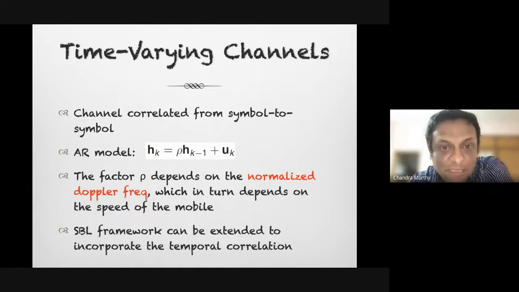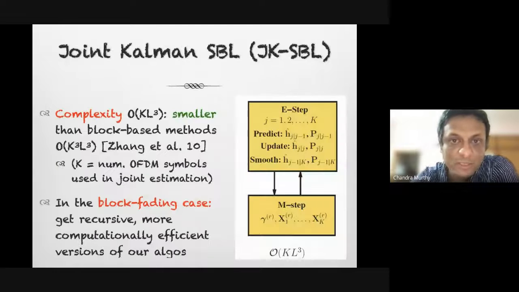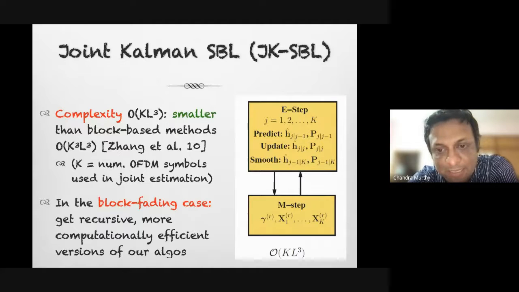And that is what we did in this work, which is to integrate the SBL framework into a Kalman filtering framework to obtain a joint Kalman SBL, which basically involves the 3 Kalman steps, which is the prediction, update, and smoothing steps. And that is alternated with the M step, which is the same as what I showed you earlier.